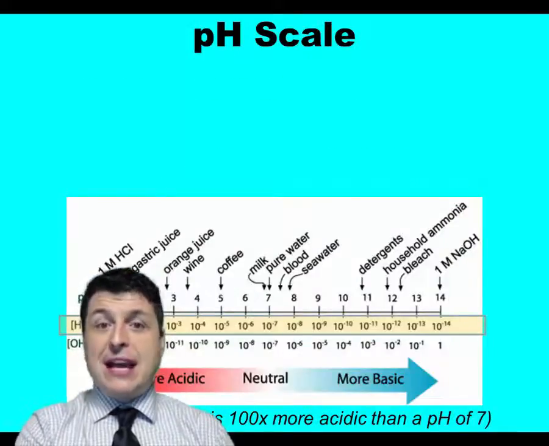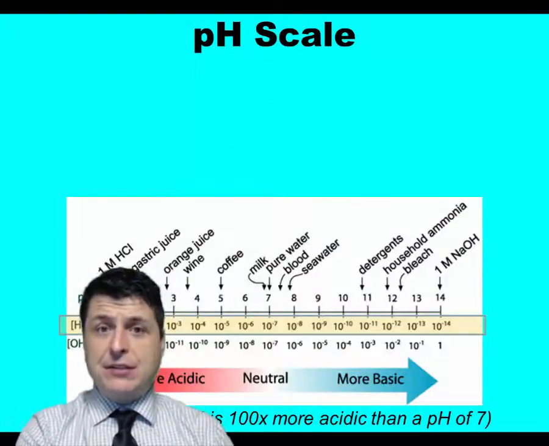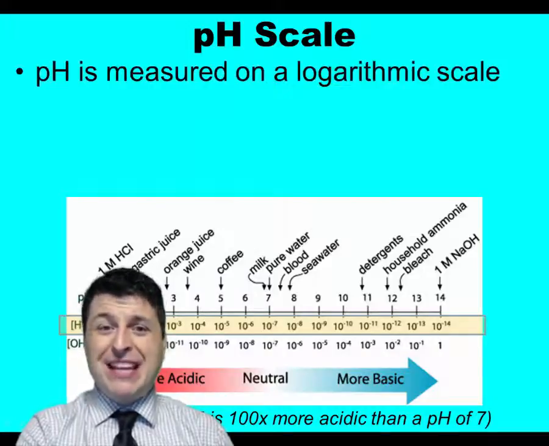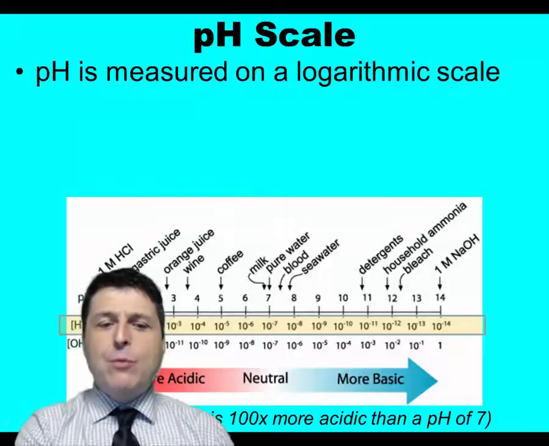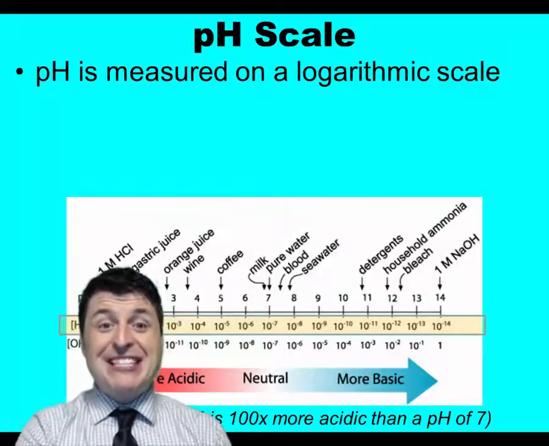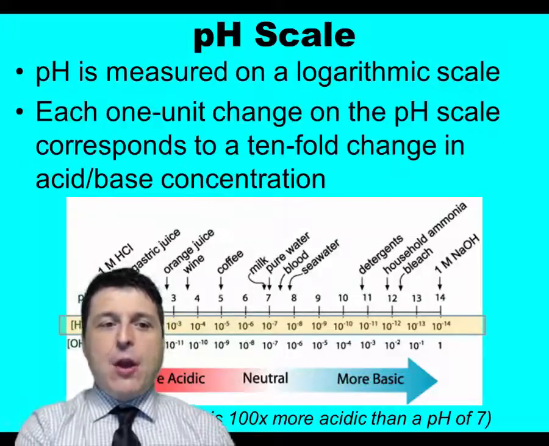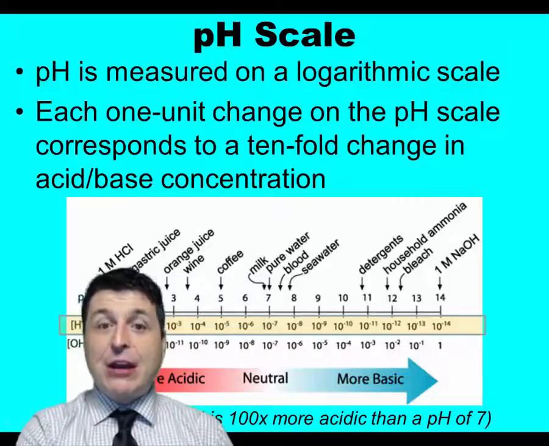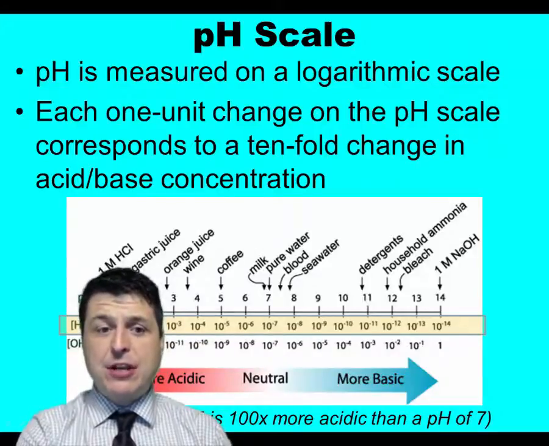Now, one of the things that's kind of new to high school science students is that the pH scale is a logarithmic scale, which means that it's a base 10 scale. For each 1 unit change on the pH scale, we have a tenfold change in the acid-base concentration.